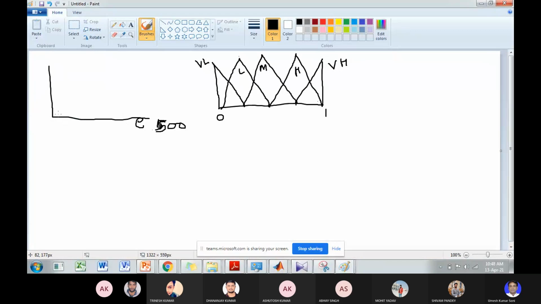So the maximum voltage is 500, and at that point the peak value will be there, and you have 3 membership functions. So you have a 0 here and middle point. So you have total 3 membership functions, medium, low, and this is high.